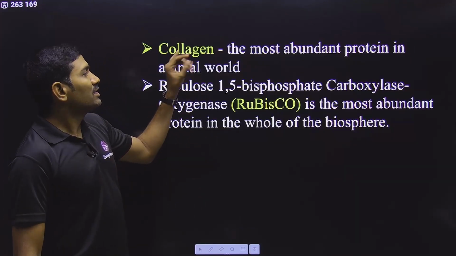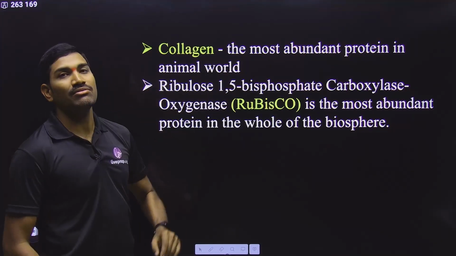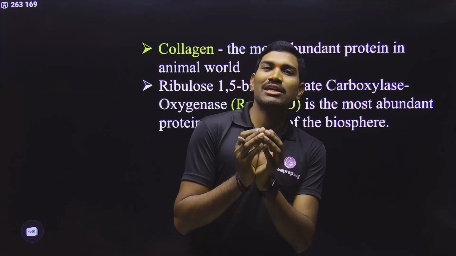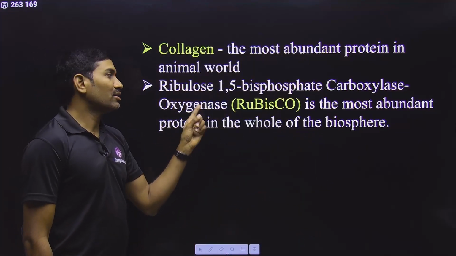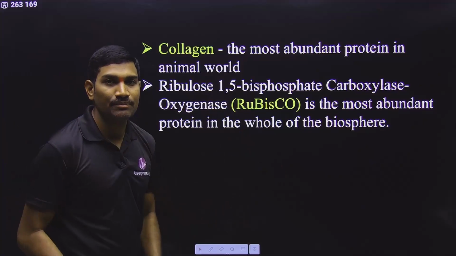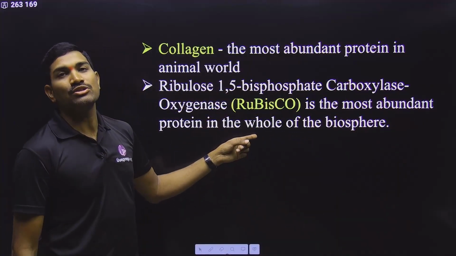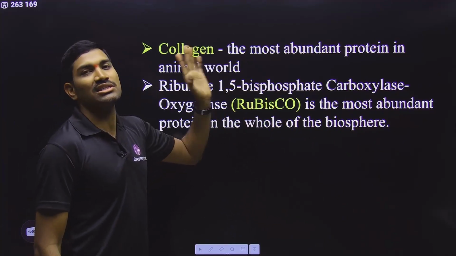Next one, they are saying that collagen is the protein that is most abundant in the animal world. Within the animal kingdom, the most abundant protein is collagen. But if you are talking about the entire biosphere, then the answer will be rubisco, ribulose 1,5-bisphosphate carboxylase oxygenase.